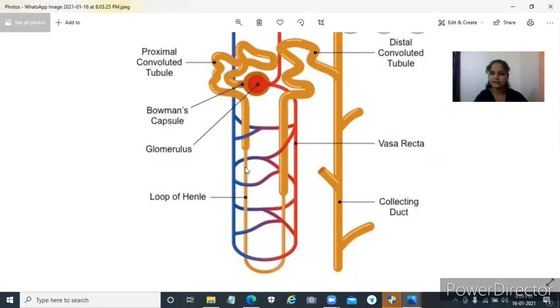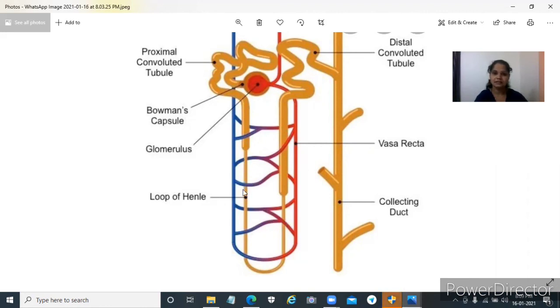This descending limb is thin walled and made up of a single layer of squamous epithelial cells, while this is the ascending limb. Ascending limb is thick walled and made up of a single layer of cuboidal epithelial cells.